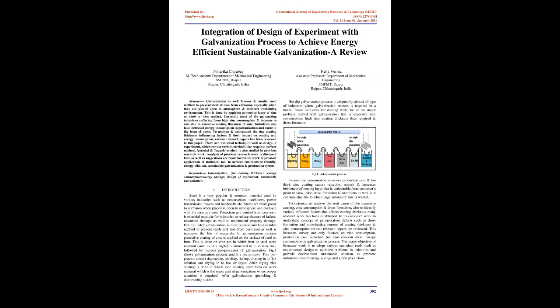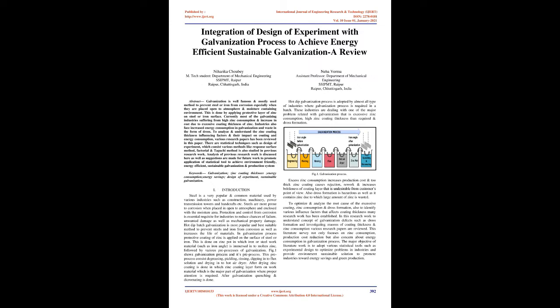To optimize and analyze the root cause of excessive coating, zinc consumption and dross formation, and also to identify various factors that affect coating thickness, much research work has been established. In this research work, to understand the concept of galvanization defects such as dross formation and to investigate reasons for coating thickness and zinc consumption, various research papers are reviewed.